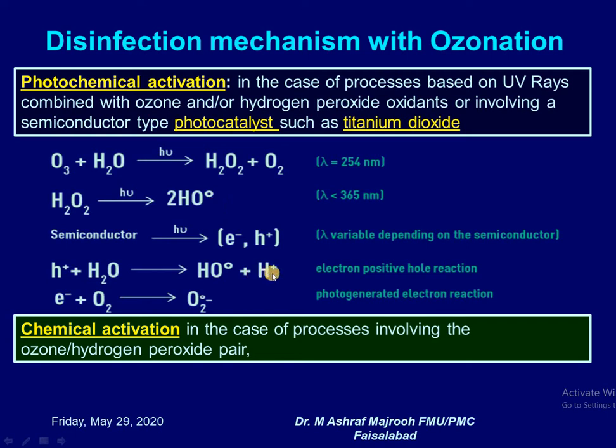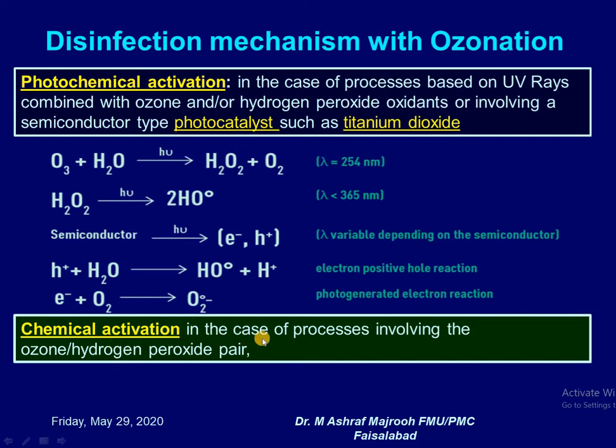These free electrons have antibacterial action. So the antibacterial action of ozone is based on the free electron, the electron-positive hole reaction, and the photo-generated electron reaction. These are the mechanisms for disinfection by ozone through photochemical activation.